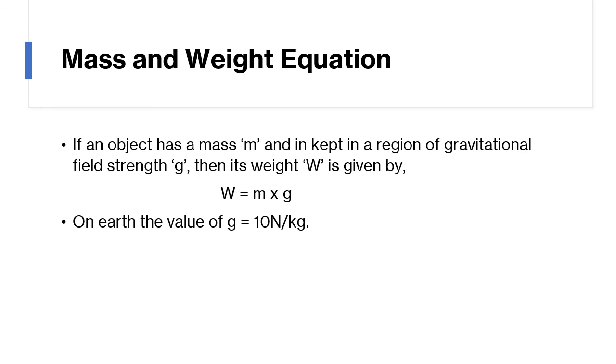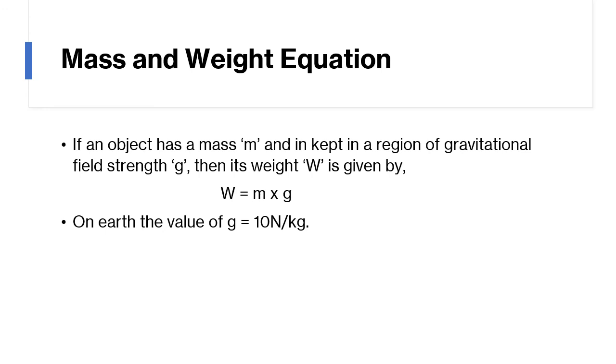So this is why we say weight keeps changing. In the previous slide we said mass is constant, but weight is not constant. It depends on g. So if you go to the Moon, where the gravitational field strength is 1/6 the gravitational field strength or gravity of Earth, your weight is going to be 1/6 of what you have on Earth.